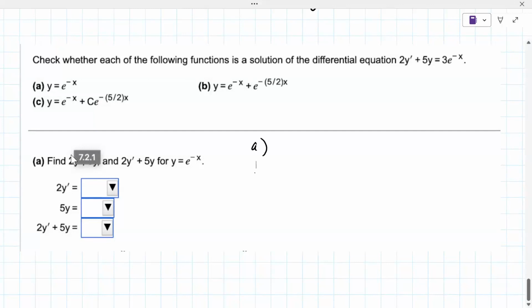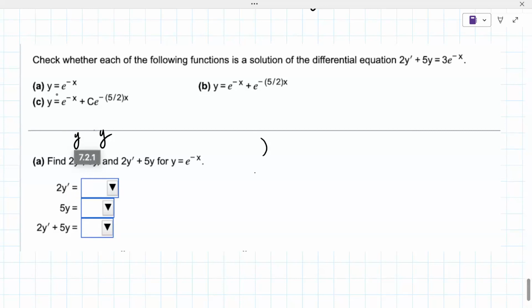It's 2y prime, 5y, and 2y prime plus 5y. Those aren't multiplied together. There's a comma in between. Oh, sorry, I know what it's asking for here.